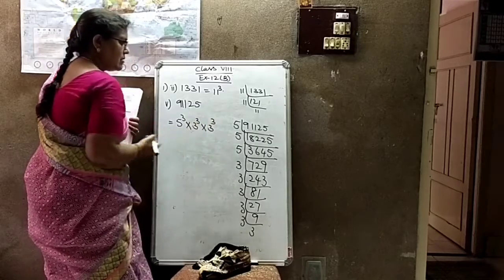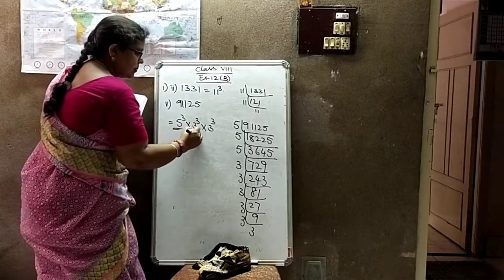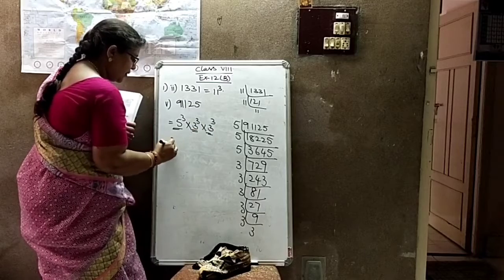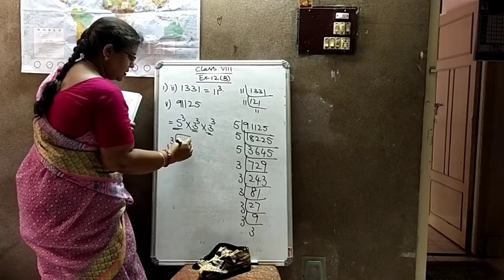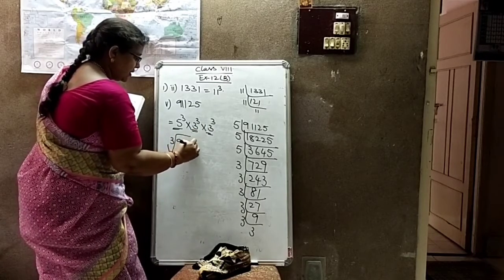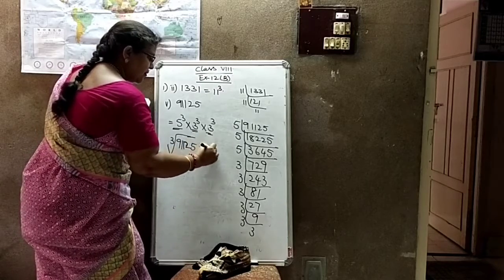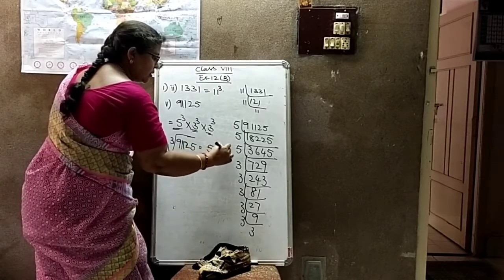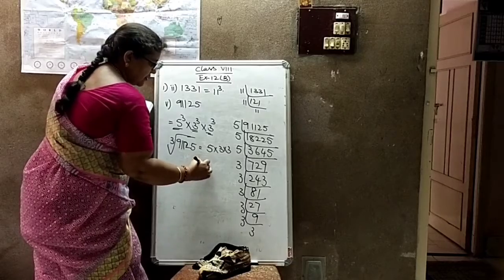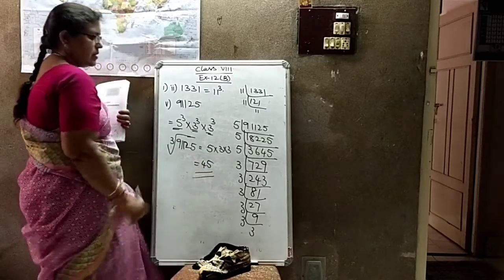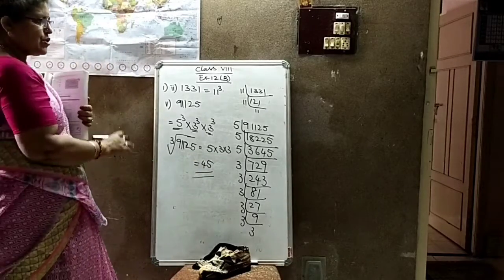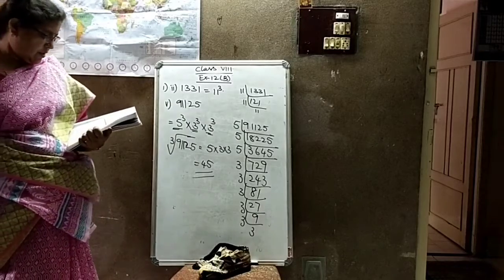I wrote like this. It's fine because they are cubic numbers. The cube root of 91125 is equal to 5 into 3 into 3, that is 9 into 5, 45. Children, you have to show both. Clear? Right.